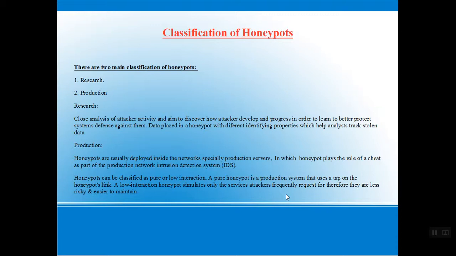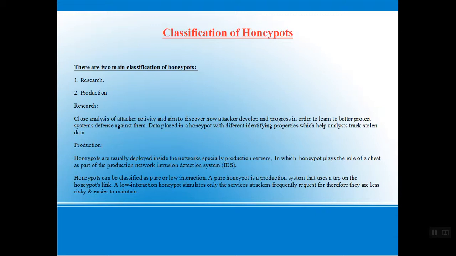Next, we have the classifications of honeypot. There are two classifications commonly used these days: research and production. As you know, research and production play a very big role in each organization.